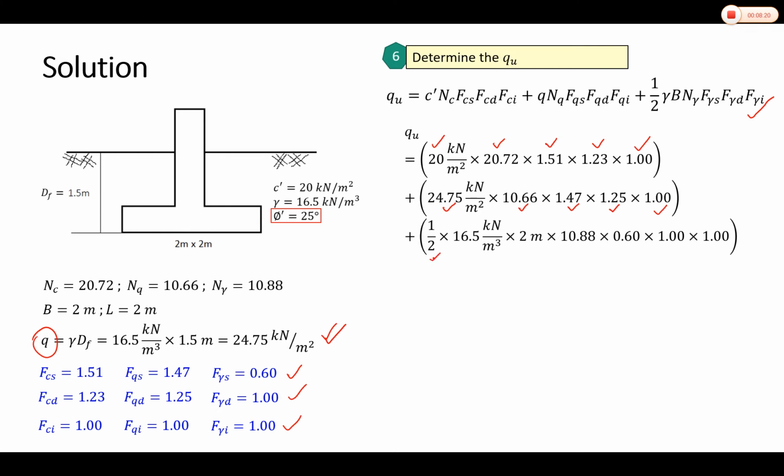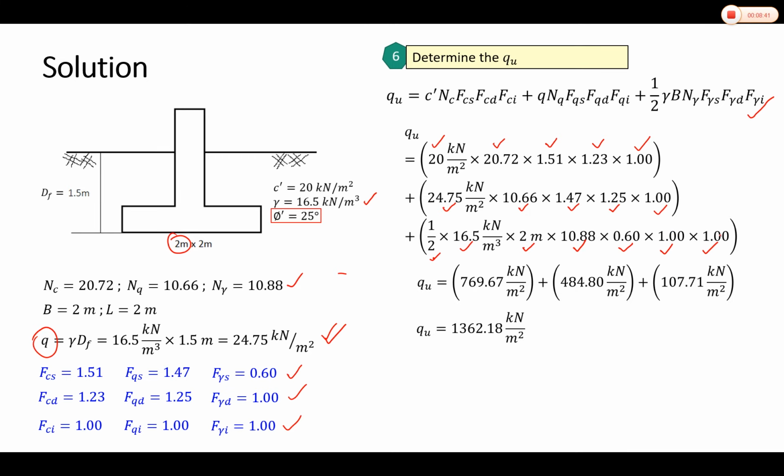Plus half times the gamma unit weight, and then times the B, size of the foundation, times the N gamma here, times the F gamma S, F gamma D, and also F gamma I. Alright, so now you will have the ultimate bearing capacity is 1362.18 kilonewton per meter square.